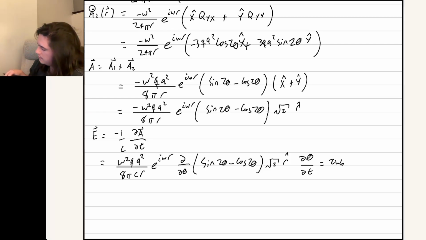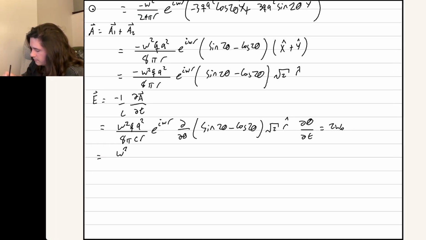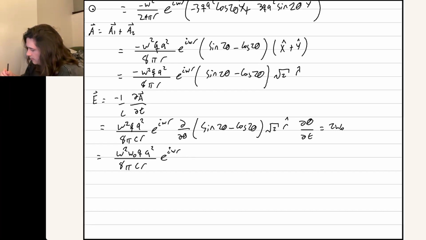So that's going to look like omega squared omega naught q a squared over 8 pi c r e to the i omega r. And then that derivative is actually just omega naught.